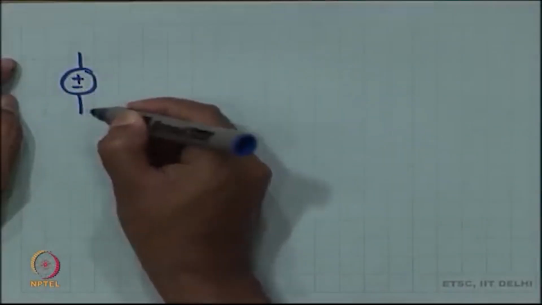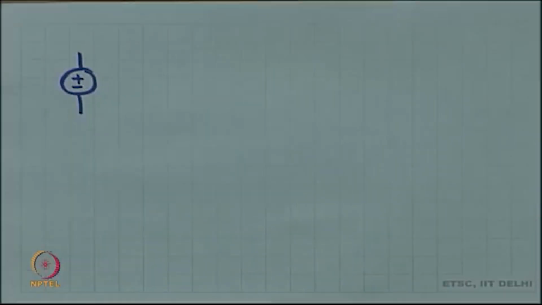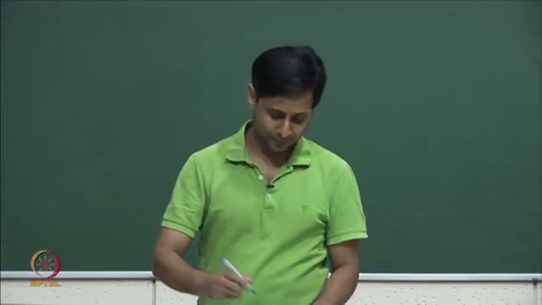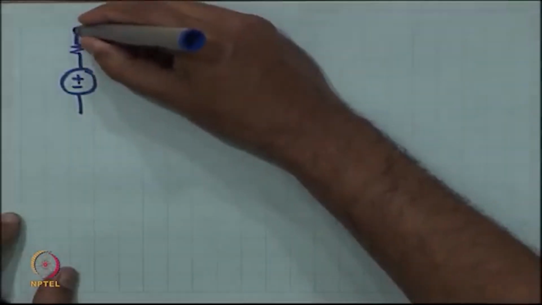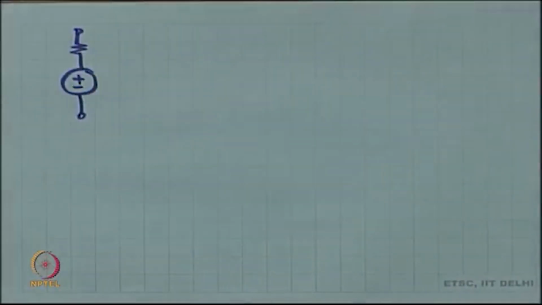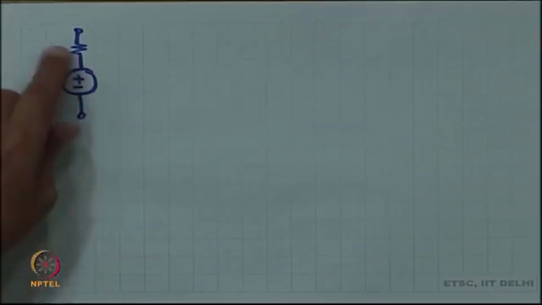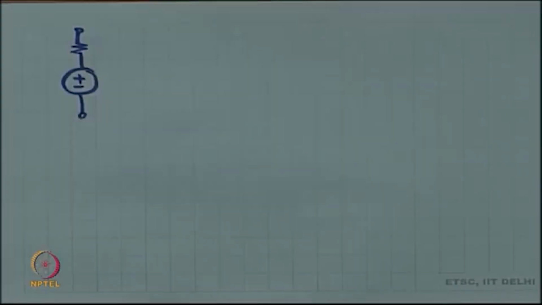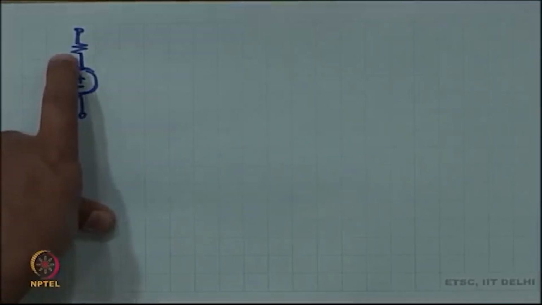Suppose I want to make a battery. If you want to make a battery, you invariably end up with some source resistance, and that source resistance appears in series with the voltage source. So, if you try to make a voltage source, you will never end up making an ideal voltage source, you will always have some series resistance. Okay. To make a very good voltage source, this series resistance has to be made lower and lower.